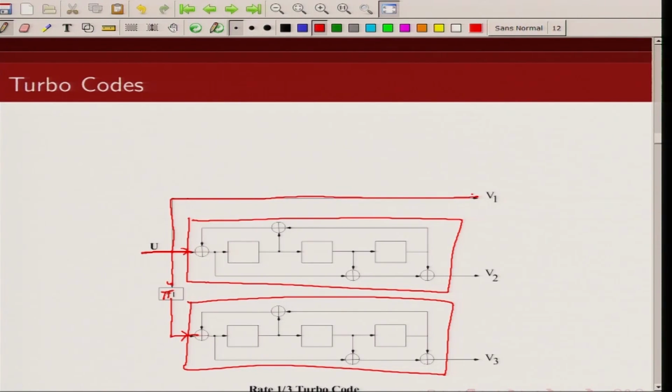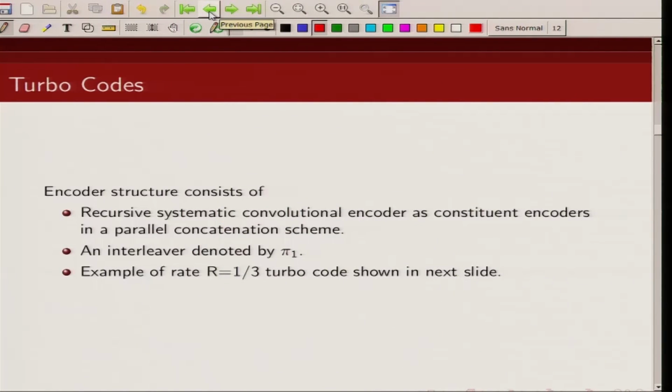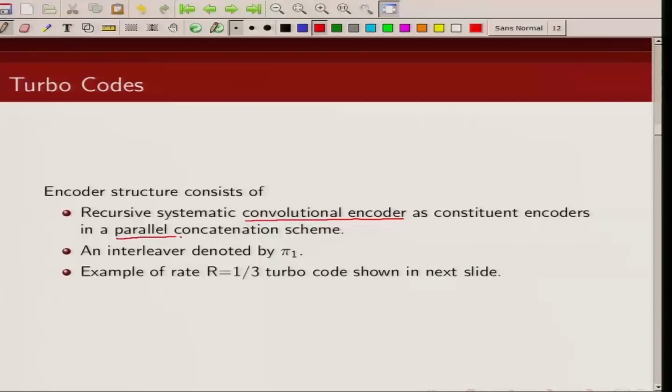So, you have your information bits here, and then this encoder is generating this parity bit, and this encoder is generating this parity bit. If you notice, this consists of a convolutional encoder as a constituent encoder in a parallel concatenation scheme. So, the key is parallel concatenation. The same input is going to both these convolutional encoders.